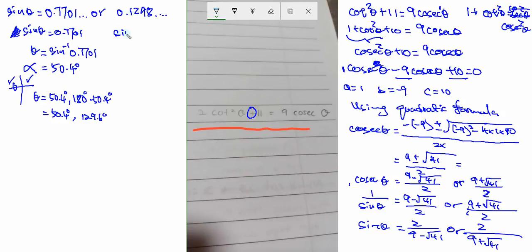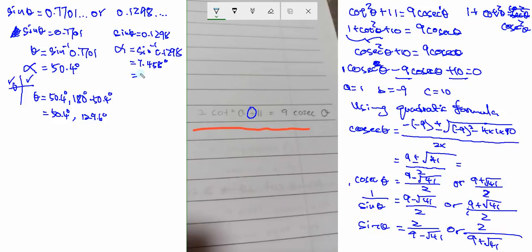Now let's look at this one. Sine theta equals 0.1298. The basic angle is sine inverse of 0.1298, which is 7.458 degrees.